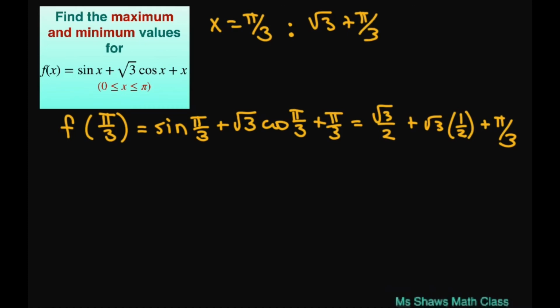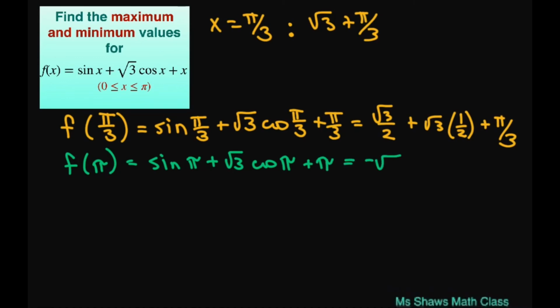The next one, f of pi. This is going to give you sine of pi plus square root of 3 cosine of pi plus pi, which is negative square root of 3 plus pi, approximately 1.41. And the last one, f of 0.